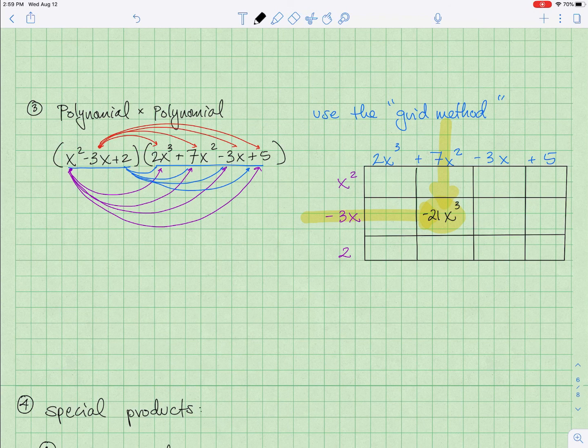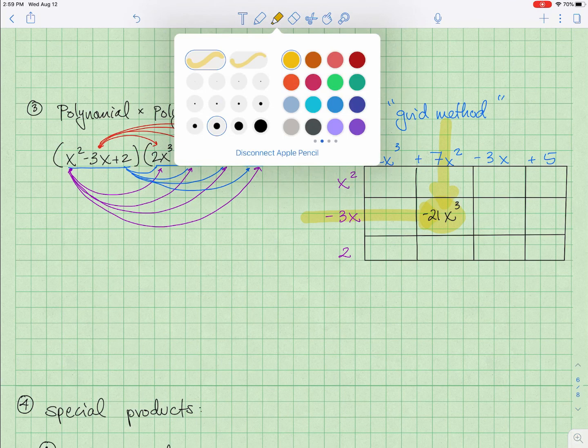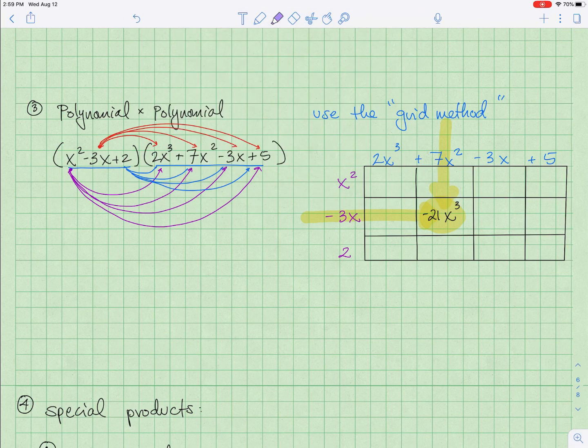And this way we can systematically make sure that we get all of our terms by filling out the entire chart here. So let's do one more. We get a different color. For example, this square is the product of that row and that column, which is x squared times negative 3x, which is negative 3x cubed.